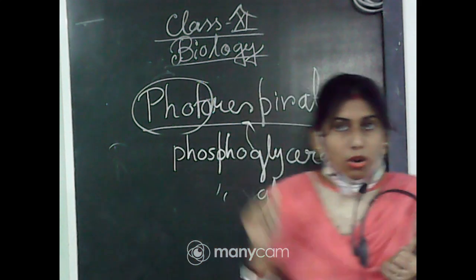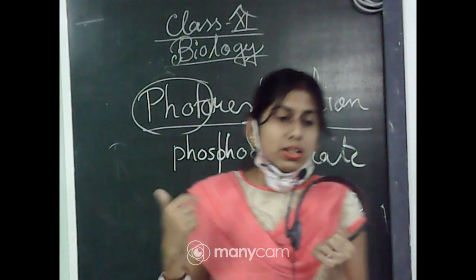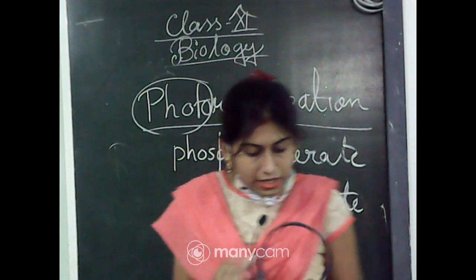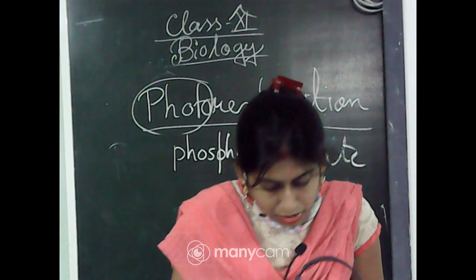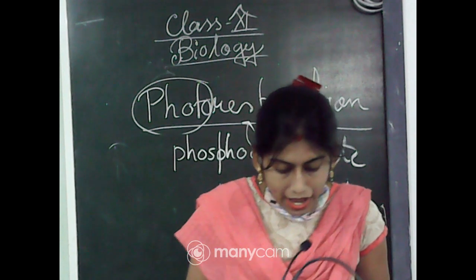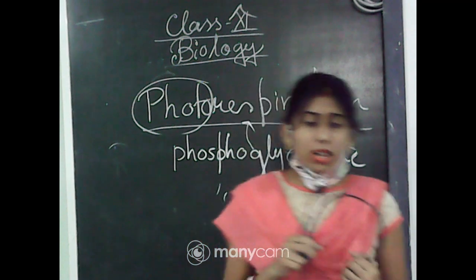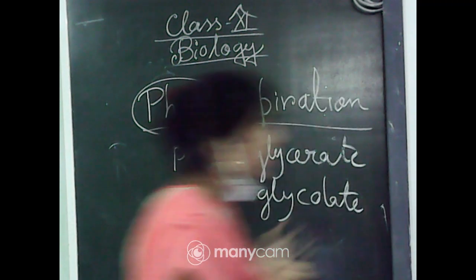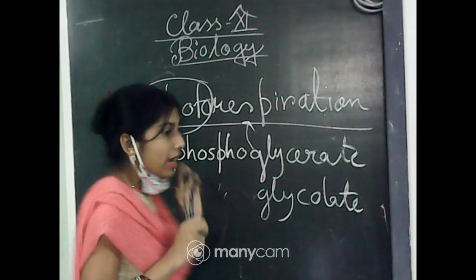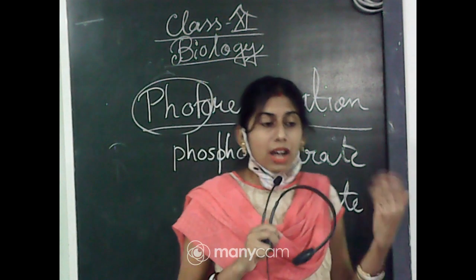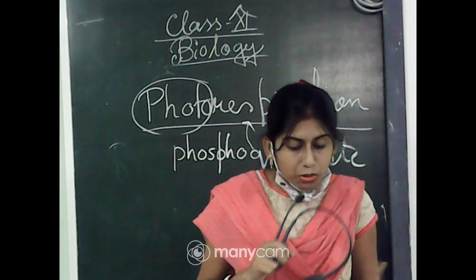In the normal Calvin cycle we ultimately get sugar, ATP and NADPH, but in this photorespiratory pathway ATP is not produced. Instead of that, ATP is utilized and carbon dioxide is produced. So, in this particular pathway, ATP and NADPH will not be produced and sugar will not be formed.